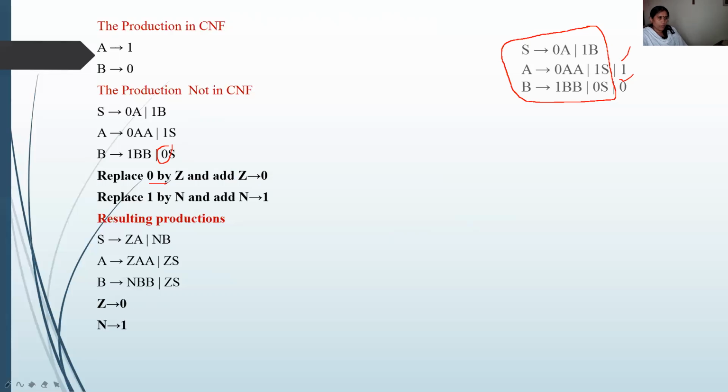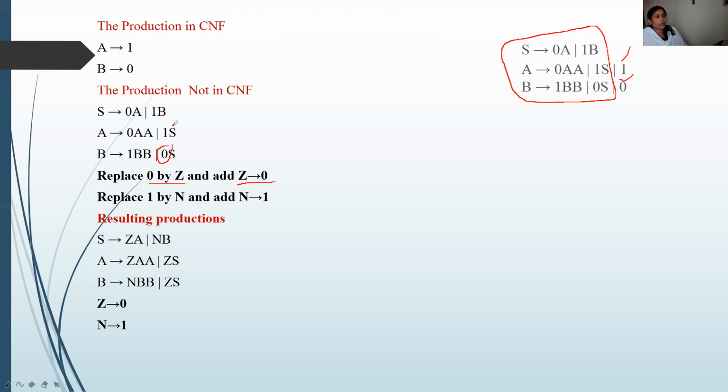I am planning to replace 0 by Z, and introduce this production in the grammar: Z produces 0. So S produces, replacing 0 by Z, ZA. I can't reduce it to a single terminal, but I can reduce it to two variables.